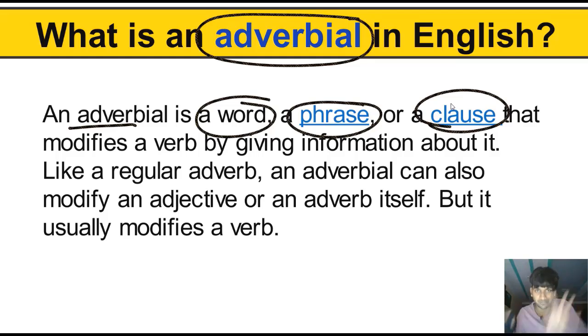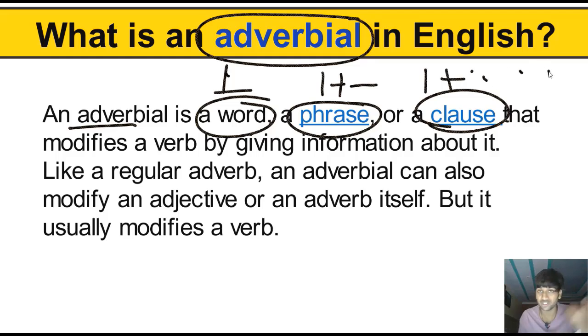This is what an adverb does. Like a regular adverb, it can modify an adjective or an adverb itself as well, but it generally modifies a verb. Right now, let's read the definition out loud. An adverbial is a word, just one word, or a phrase, a group of words that does not have the subject-verb combination, or a clause, a group of words that does have the subject-verb combination, that modifies a verb by giving information about it.